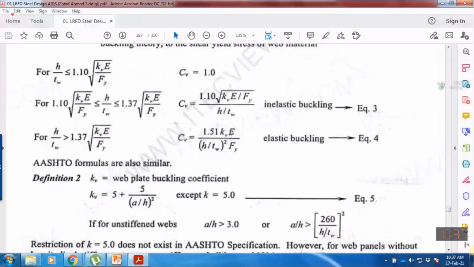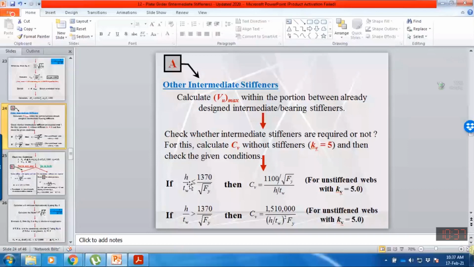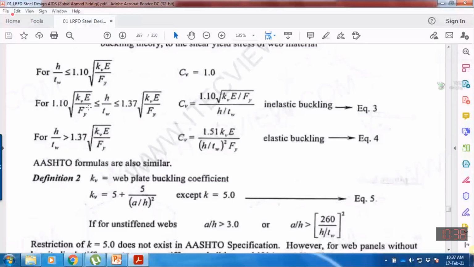If h over tw ratio is less than 1370 under root Fy, so you will have this case. So Cv value will be computed from this expression. This expression is also simplified by substituting the kv value 5 and E value 200,000 megapascal. Equations 3 and 4 are simplified for kv value equal to 5 and they are given here.